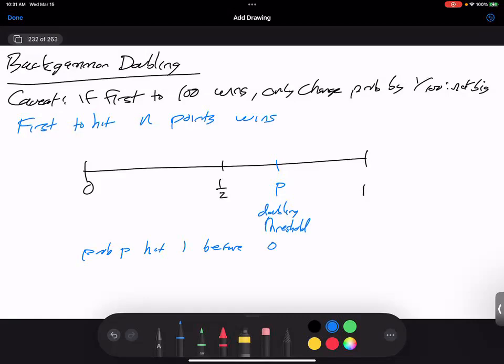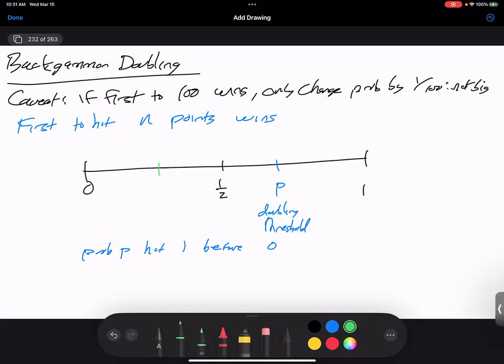But now there's another interesting point. Anybody know what the other interesting probability is? Double acceptance threshold. What's the double accept, like the minimum? Right. So that's going to be something else.